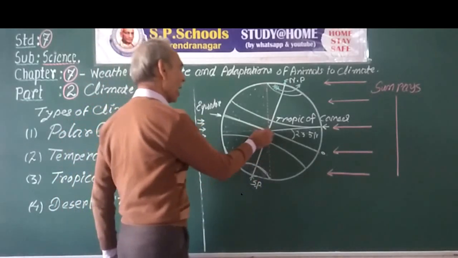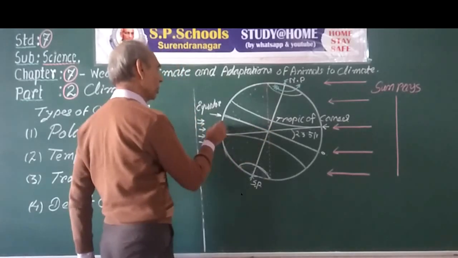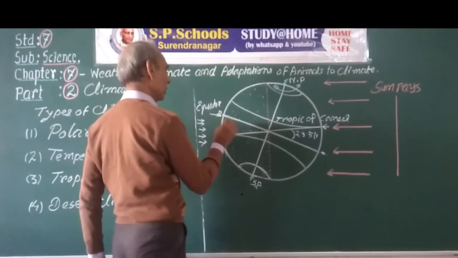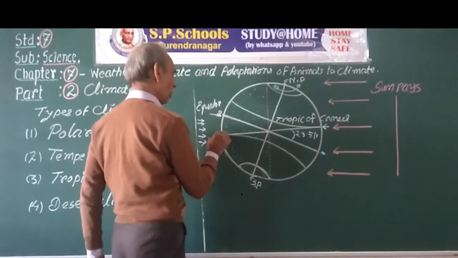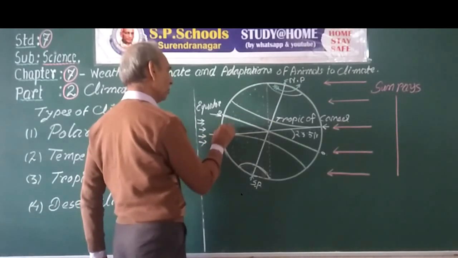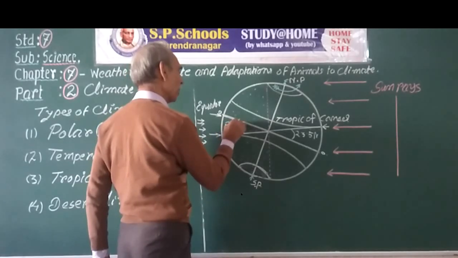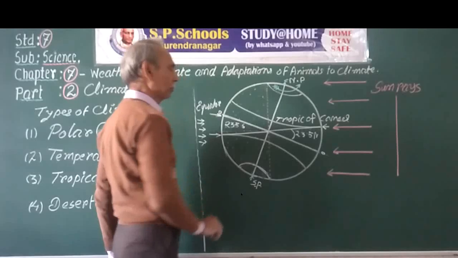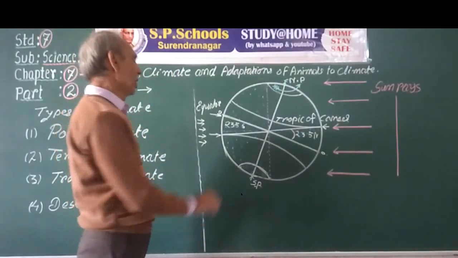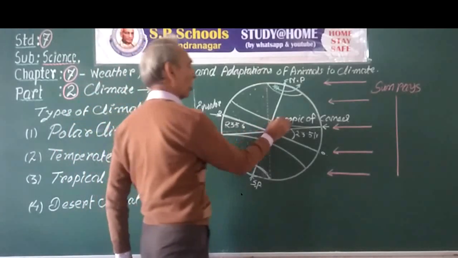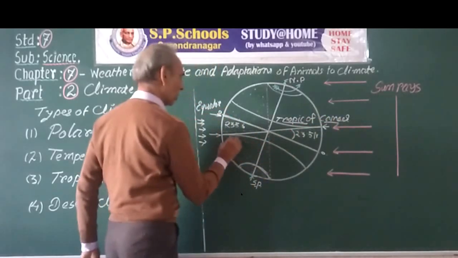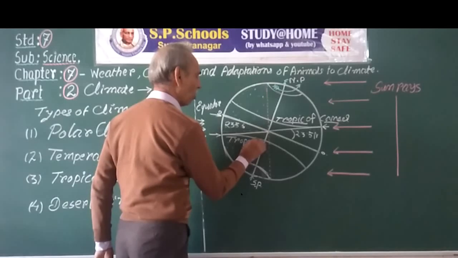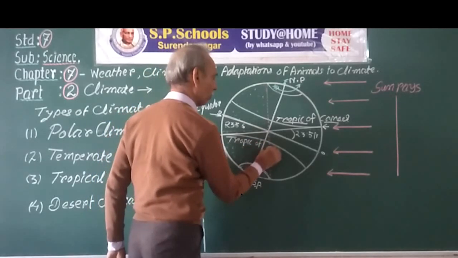And similarly, in the south, from the middle 0 degrees, we come to 23.5 degrees south, the Tropic of Capricorn.